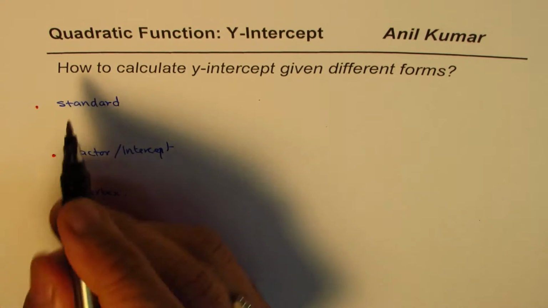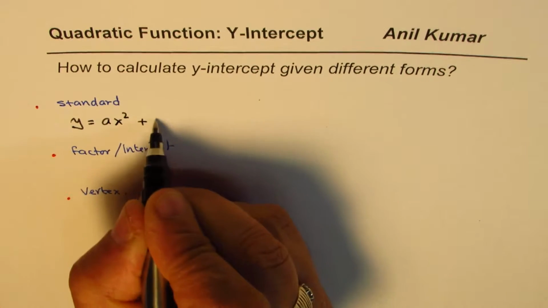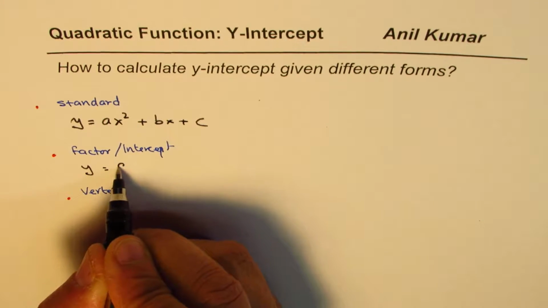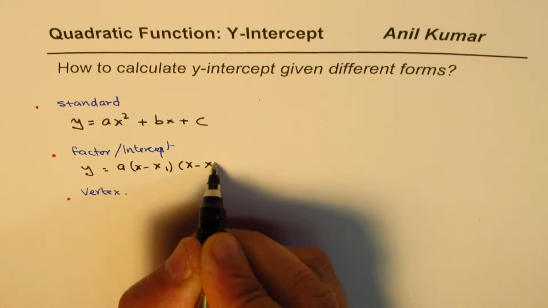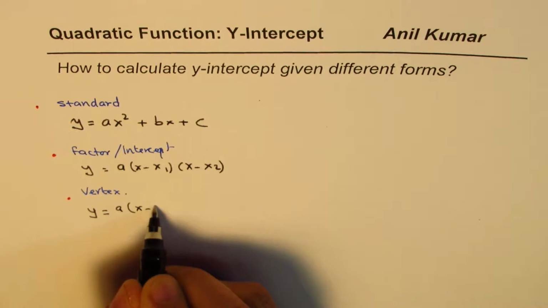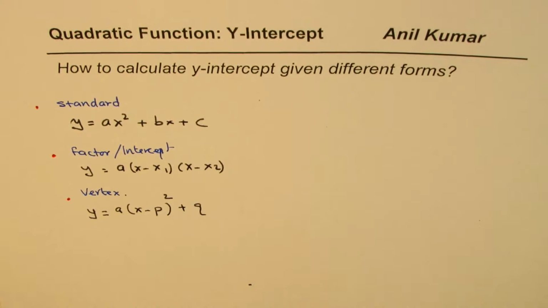The general equation in these forms will be y equals ax squared plus bx plus c. The factored form will be y equals a times (x minus x1) times (x minus x2), and the vertex form will be y equals a times (x minus p) whole squared plus q. So these are three different forms.